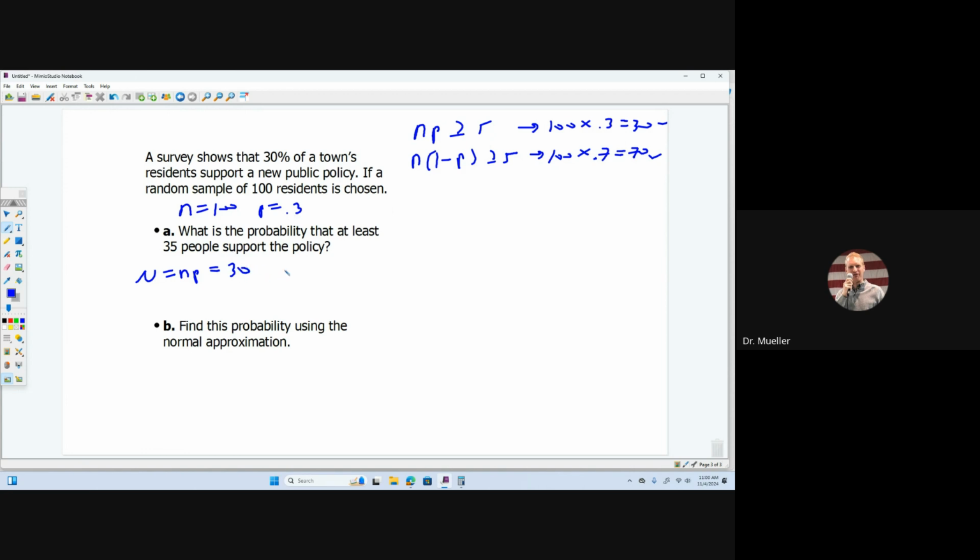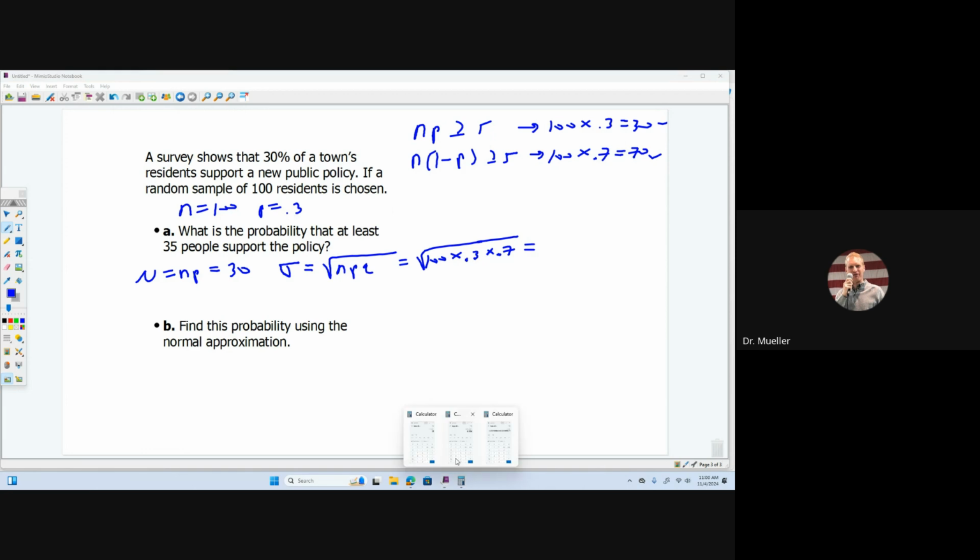And standard deviation is equal to the square root of n times p times q, which is the square root of 100 times 0.3 times 0.7. So these two numbers will always add up to 1 in the formula.